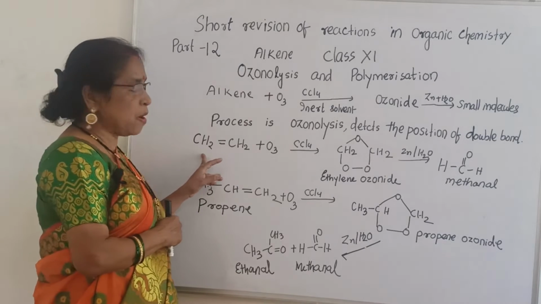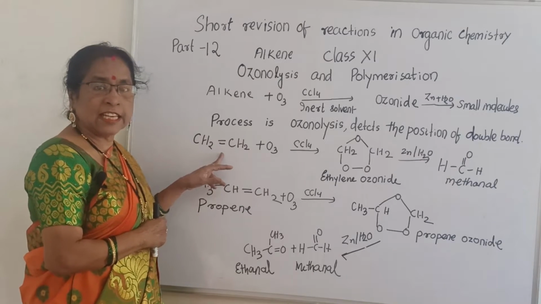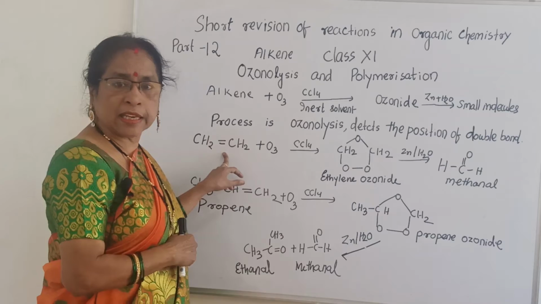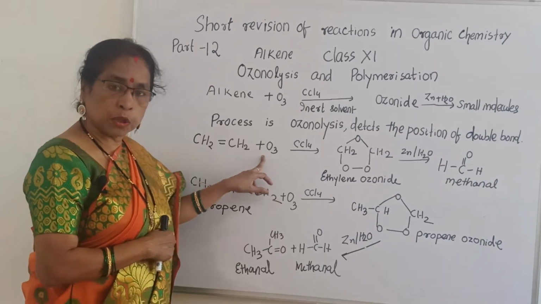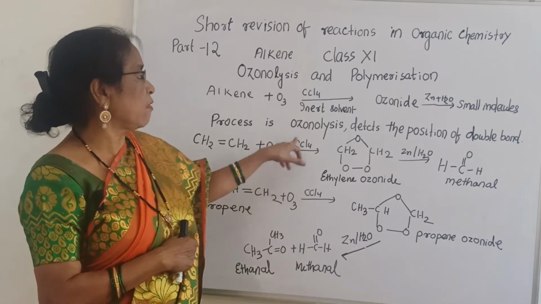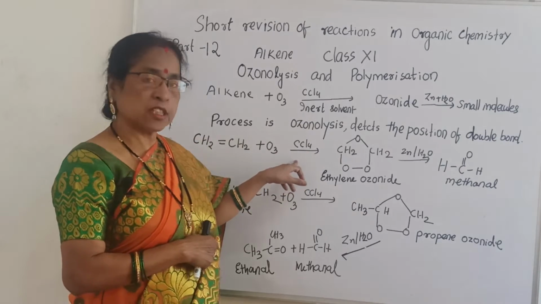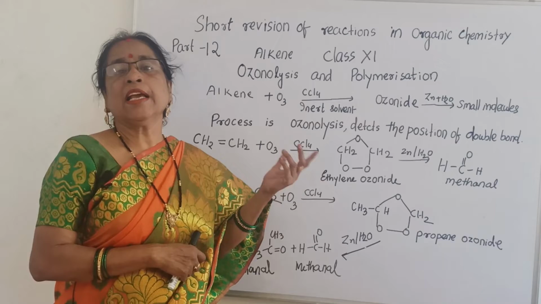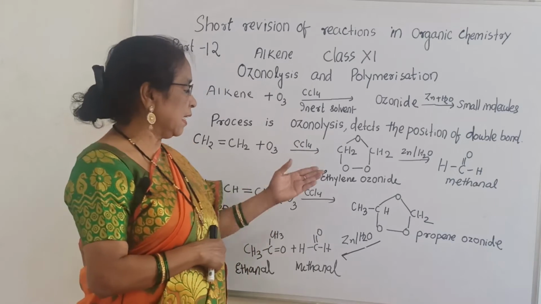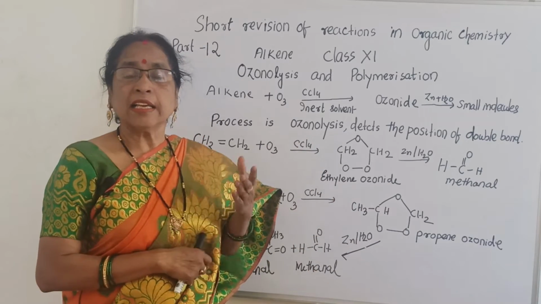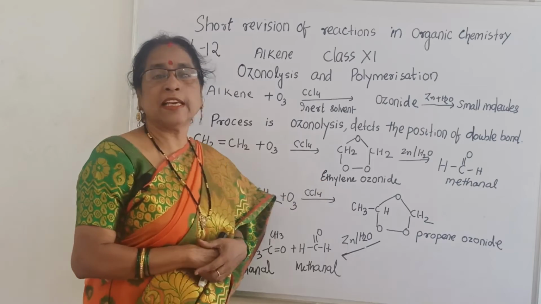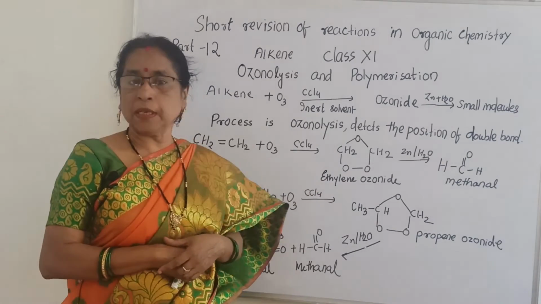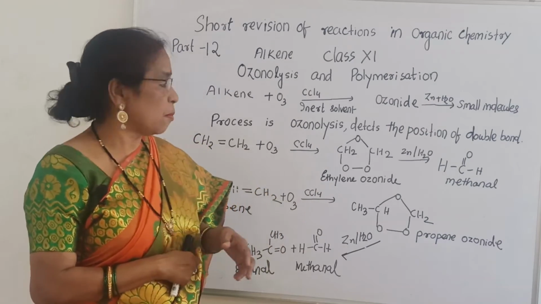Now see the simple one, ethene. Ethene is the simplest alkene, where you treat ozone in presence of CCl4, an inert solvent, and it gives ethylene ozonide, or you can say ethene ozonide. Ethene is the IUPAC name, where ethylene is the common name.